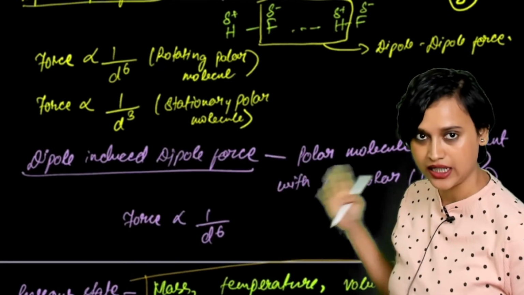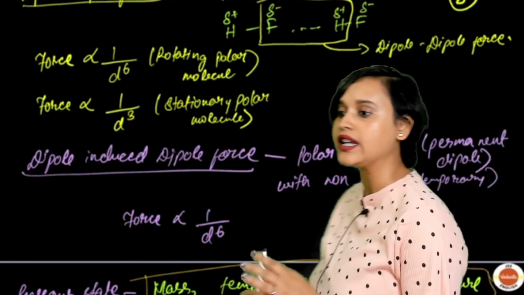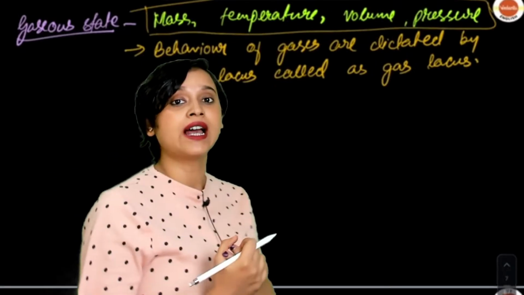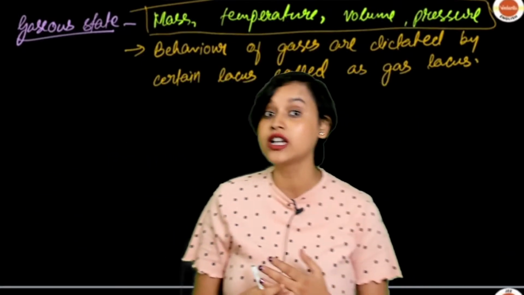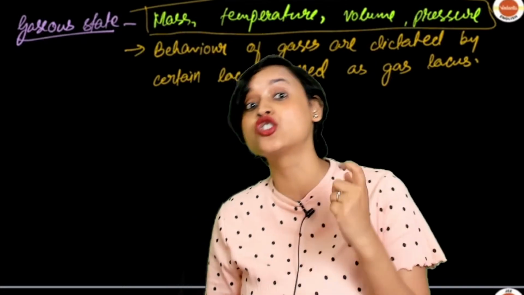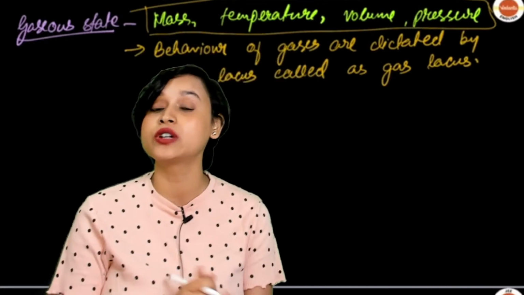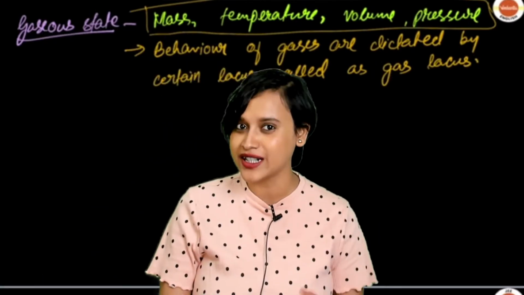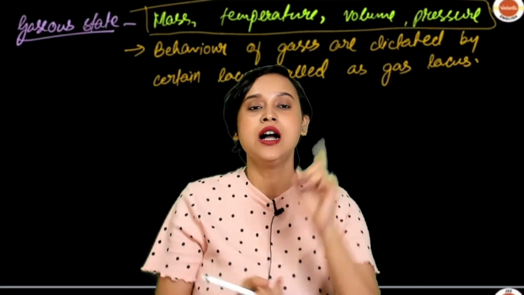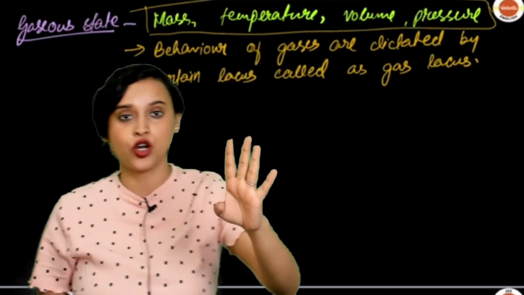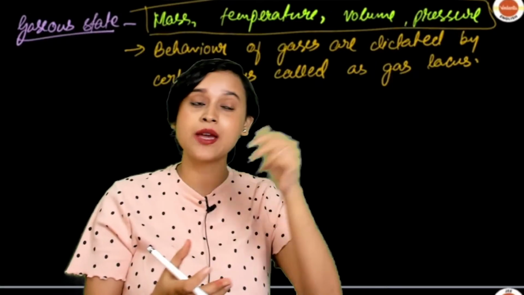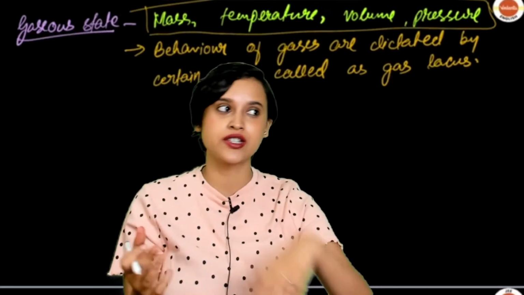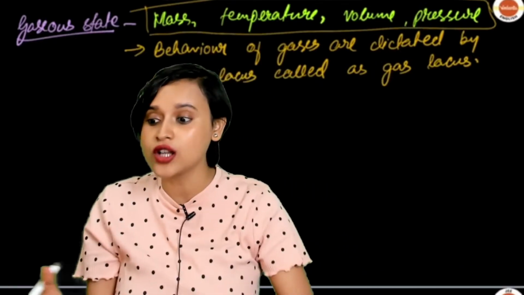This is 1 by d to the power 3, which is what we studied yesterday. Then we spoke about the behavior of the gaseous state, where there are measurable quantities that you can measure and come up with laws. The measurable quantities were mass, pressure, temperature, and volume. We kept mass and temperature constant and found a law, we kept mass and pressure constant and found a law, we kept mass and volume constant and found a law.